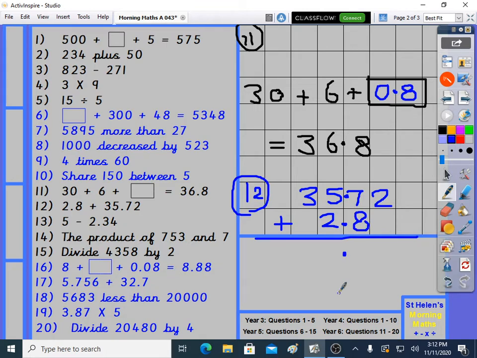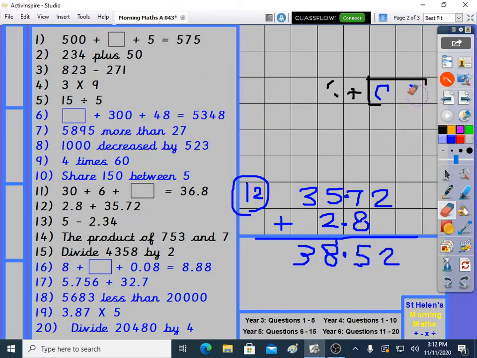So the decimal point, if you've put it in already, it'll help you see how to line it up. 7 plus 8 is 15. 5 plus 2 is 7. Plus 1 is 8. And 3 at the front, which is worth 3 tens, 30, because it's 38.52. So it's a little bit messy. The mouse is shaking about a bit at the moment for some reason. You know what computers are like.